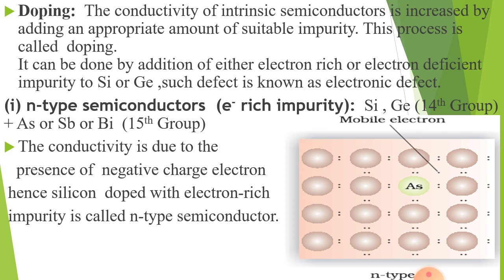now the 4 valence electrons of germanium and silicon are balanced by 4 electrons of arsenic, but 1 electron out of 5 electrons is left, that's shown in the figure.